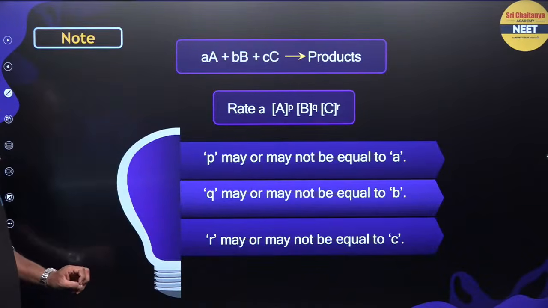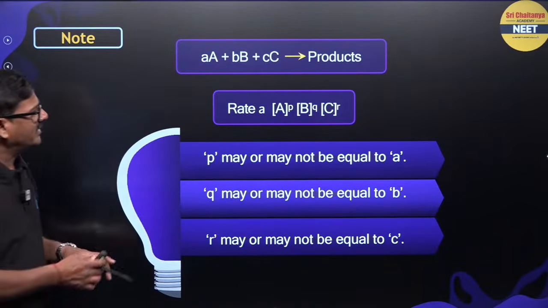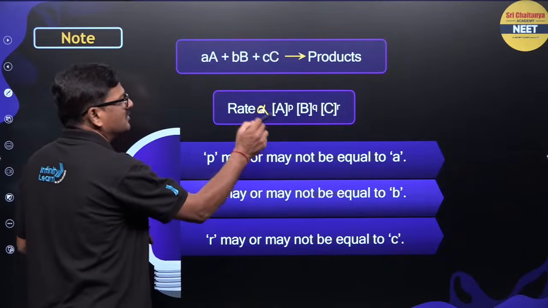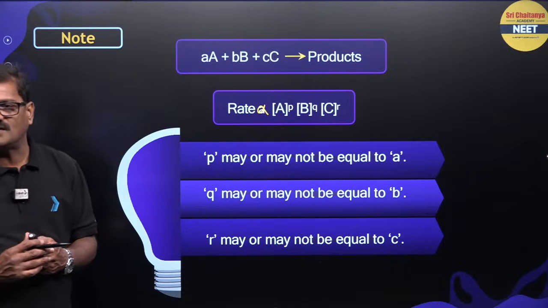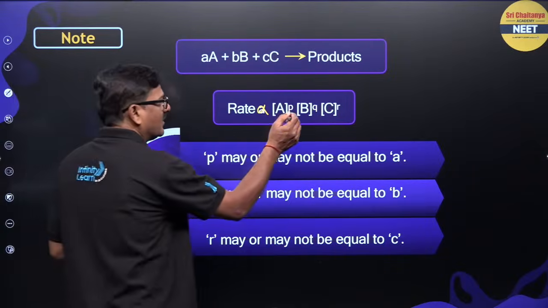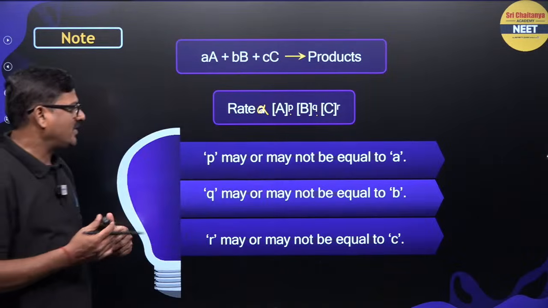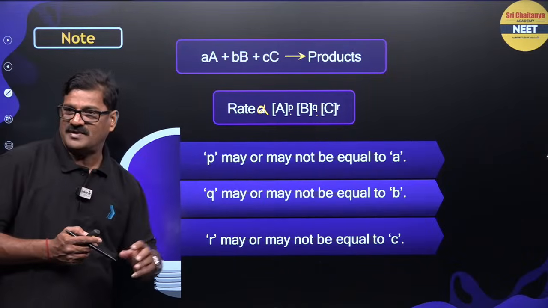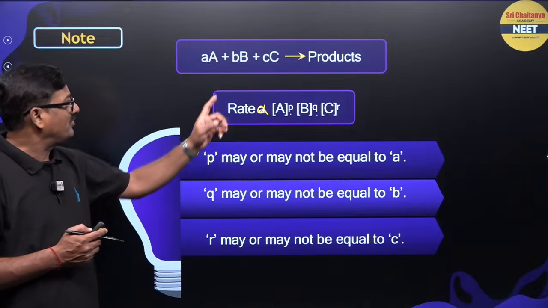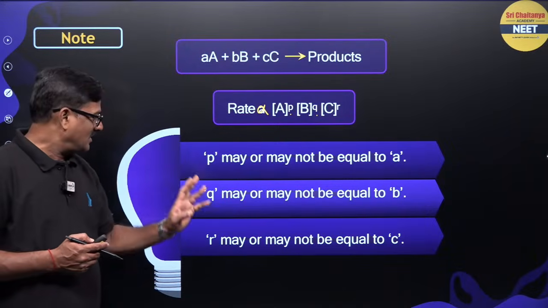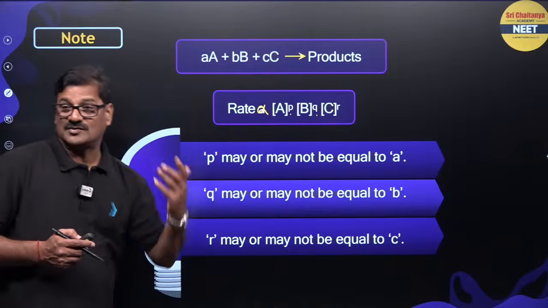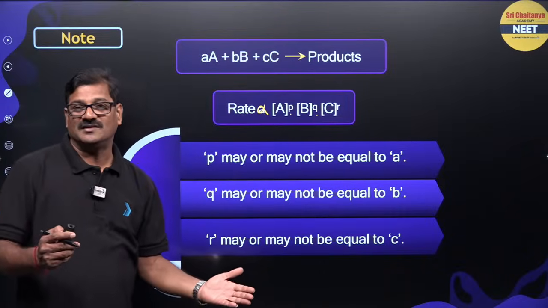Rate is directly proportional to A to the power p, B to the power q, and C to the power r, and they are multiples. p may or may not be equal to a, as I mentioned, and q may not be equal to b, or may not be equal to c. Sometimes it could be same.